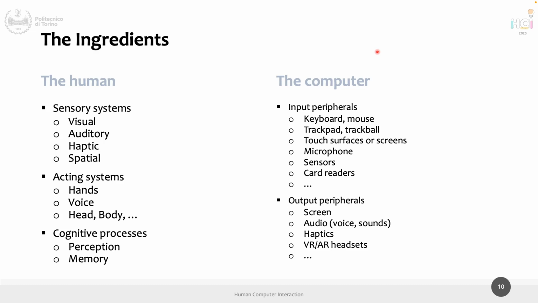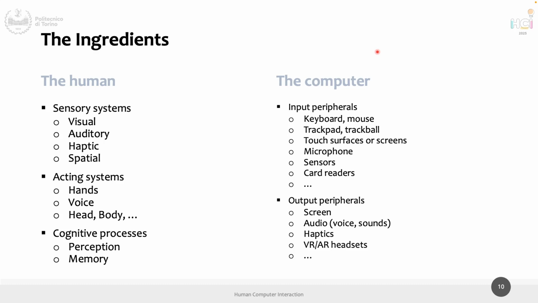And similarly, the computer is a map of this system. So we have the input in a computer: keyboard, mouse, microphone, sensor, card reader, webcam, etc. And we have the output: the screen, the audio, the haptics, virtual reality, augmented reality, tangible things that move, whatever can give an output from the system.